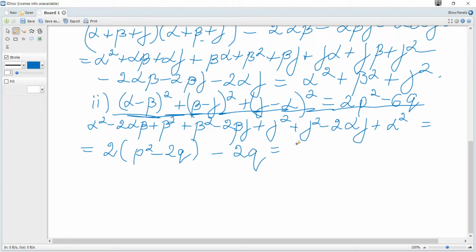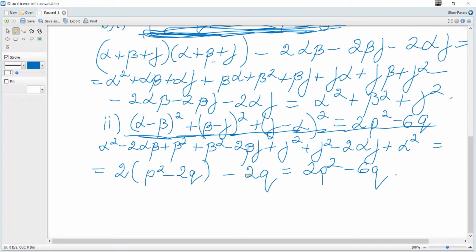It becomes 2p squared minus 4q minus 2q, which is 2p squared minus 6q as required.